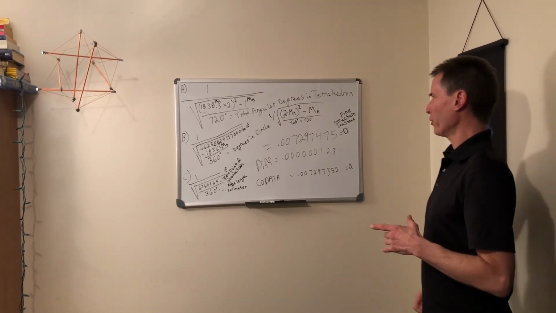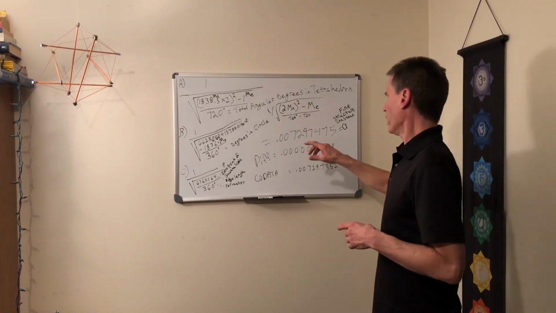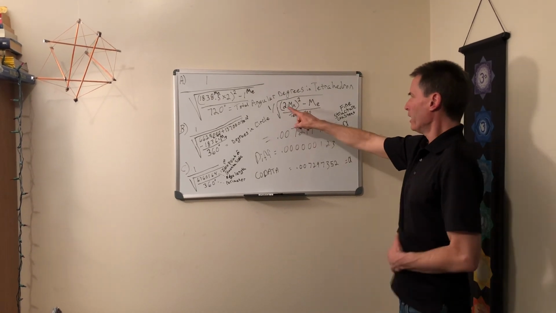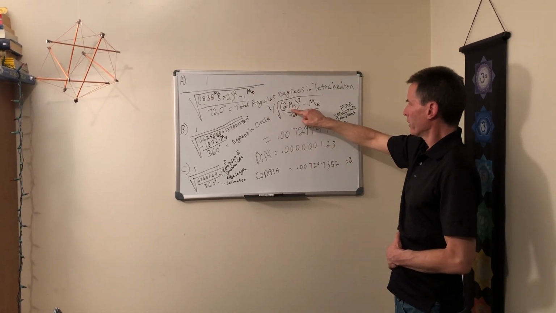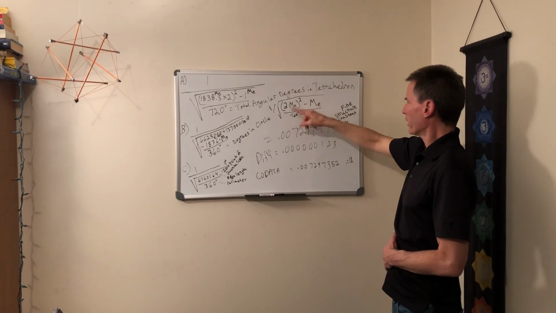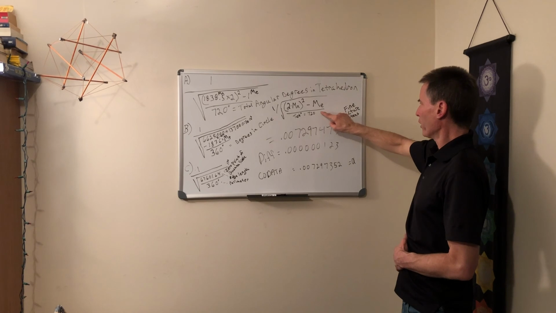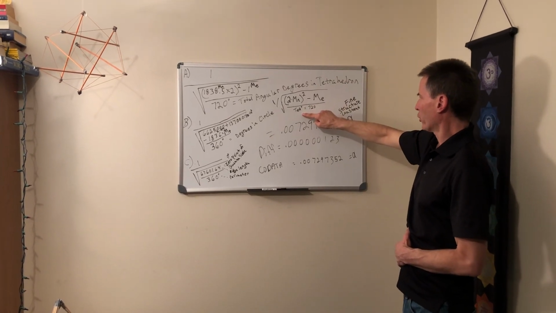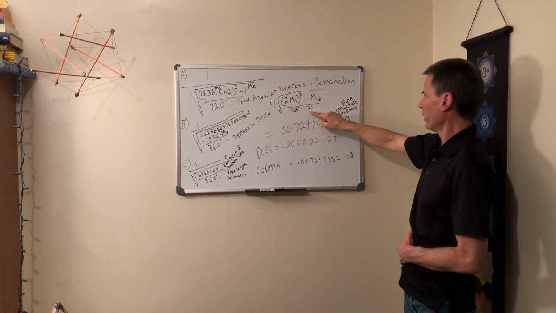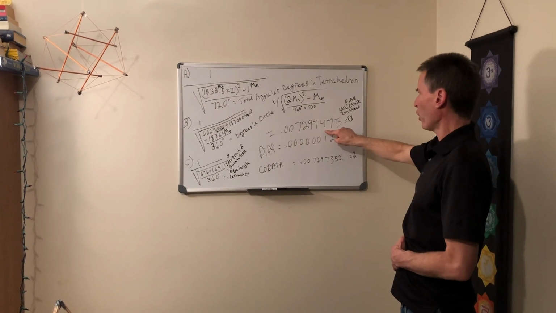It also sets up an interesting numerical interrelationship pattern which isn't recognized currently by science: 2 times the mass of the neutron to the second power minus the mass of the electron, divided by the total number of angular degrees in the tetrahedron, which is 720, is once again that same fine structure constant.